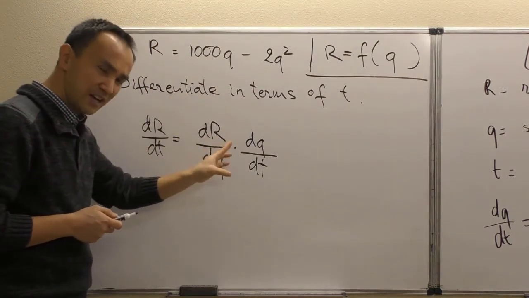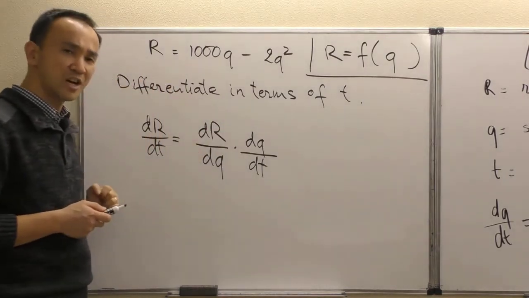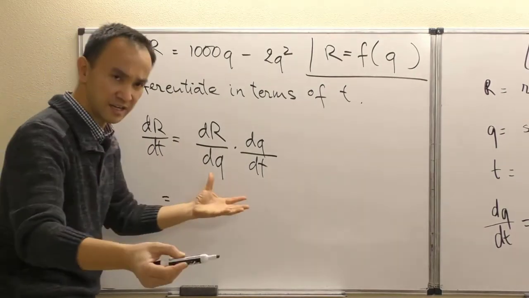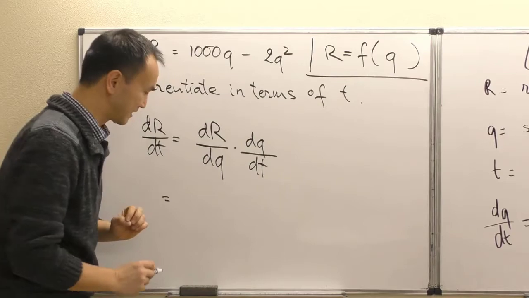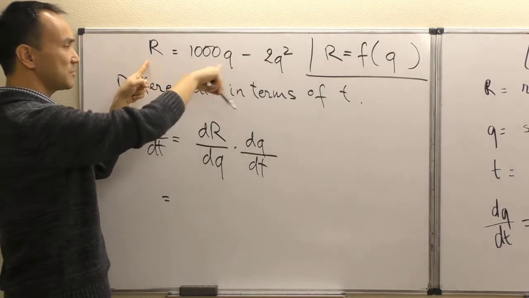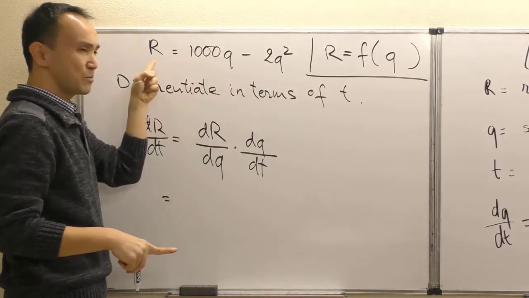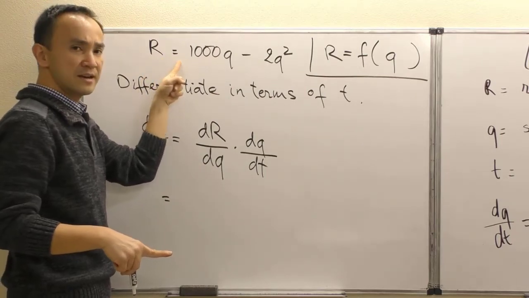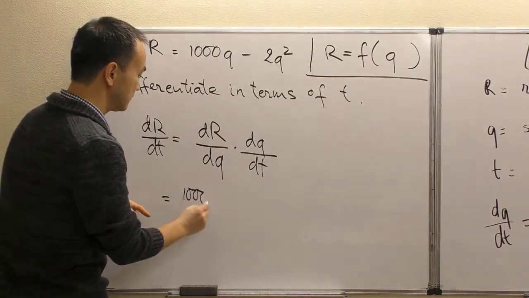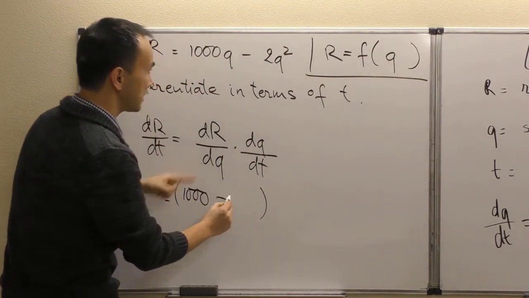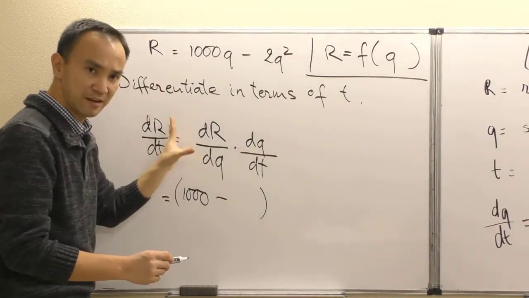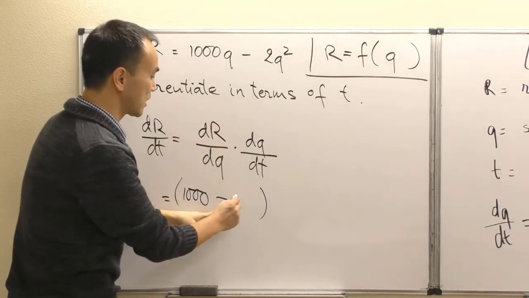So from that equation, how is this useful in our work? After what I explained in that video lecture, the big work here is just to find dR/dQ. But wait a minute, dR/dQ is so ready for us here because we have that advantage: R is already expressed in terms of Q. So dR/dQ is easily 1000 for the first term minus, we want the derivative of R in terms of Q, so I'm going to subtract 4Q.